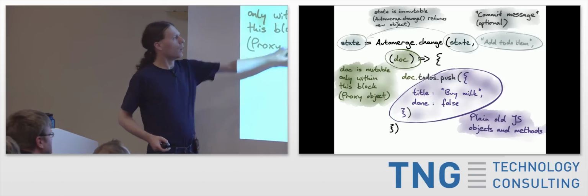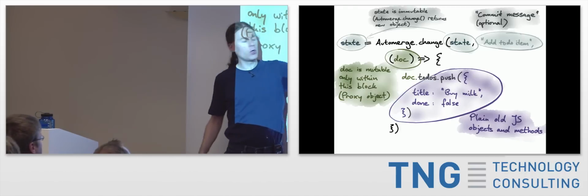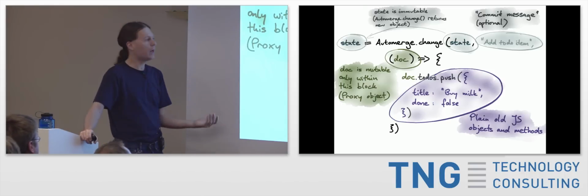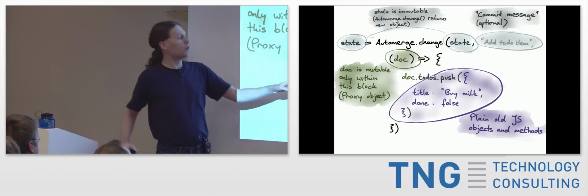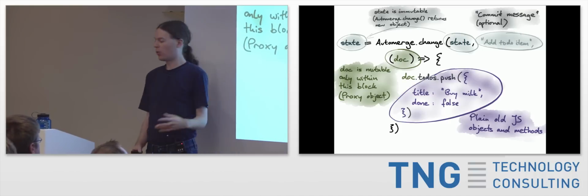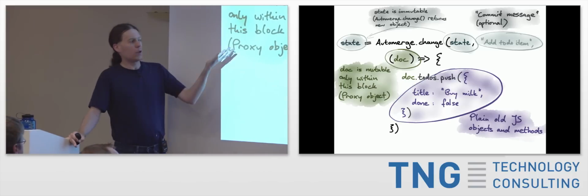For example, I can do doc.todos, which is the array of items in the to-do list, and I can call .push, which is the JavaScript method for appending a new item to the end of an array. So this is how I would add a new item to the end of the to-do list. I just call todos.push and pass in the new item that I want to add as a simple JavaScript object. And this is all that's necessary.